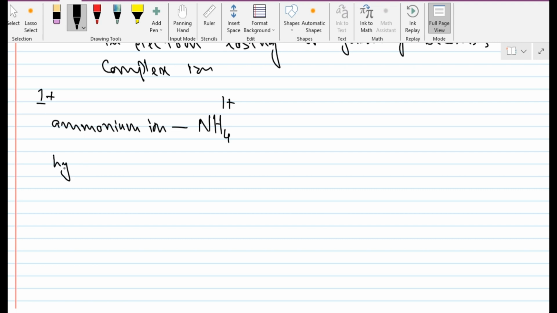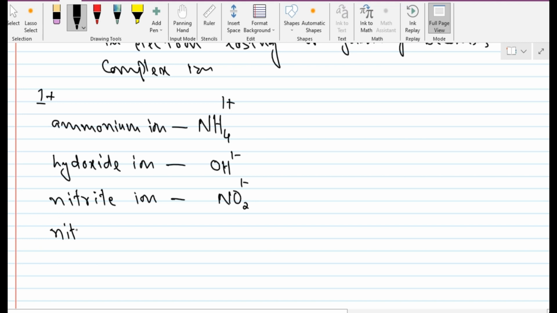The next one is the hydroxide ion. The hydroxide ion has the formula OH, capital O, capital H, with 1 negative charge. Then nitrite ion with the formula NO2, 1 negative.